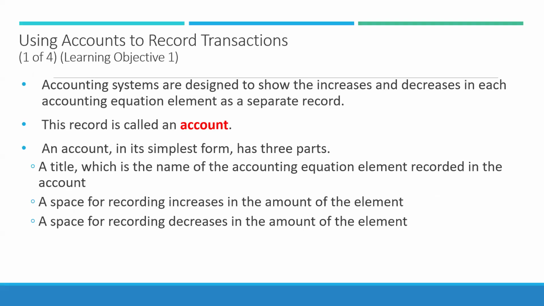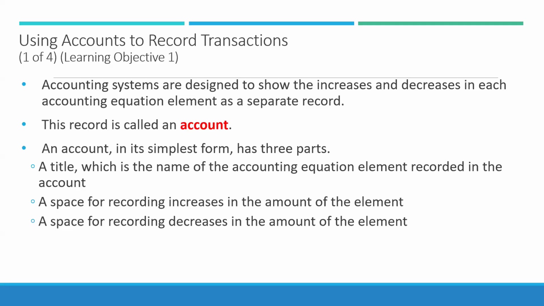So every account, or every like cash or land or revenues or receivables, each of those categories has what we call an account. This accounting system we're dealing with is designed to show increases and decreases in the accounting equation, and they get recorded in separate accounts.